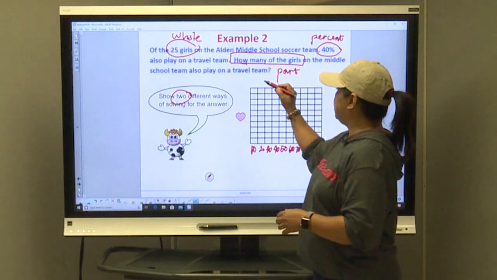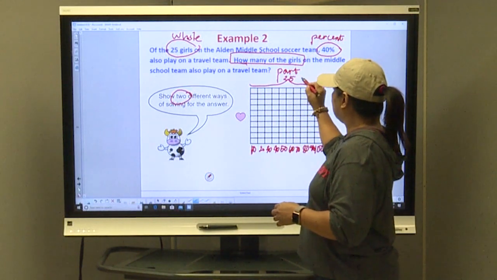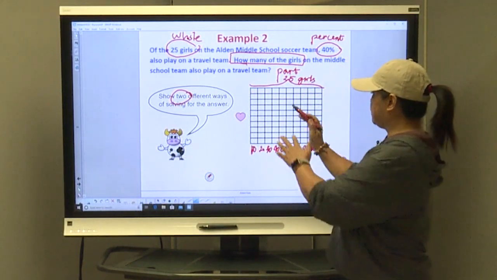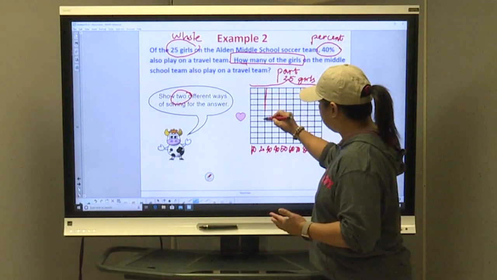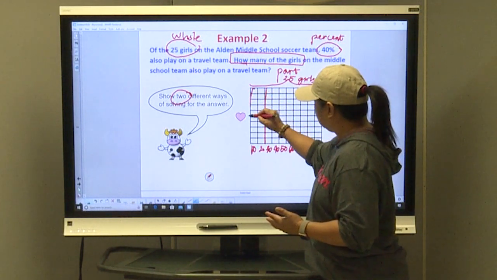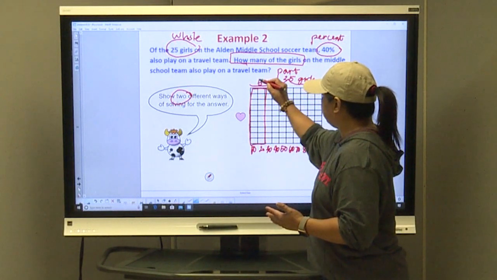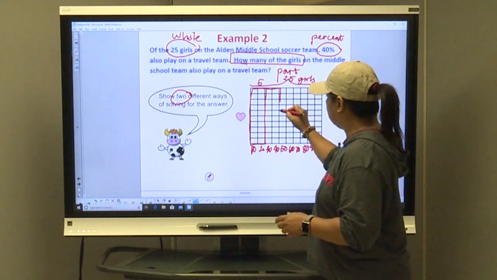Now, according to the problem, what is the whole thing? The whole thing is 25 girls. Okay? So how do I divide this if I have a 10 by 10 grid? So 25 girls, that means to say these 2 columns right here should be 5. Okay? I'll get another 2 columns right here.